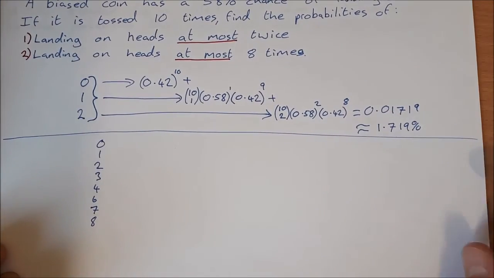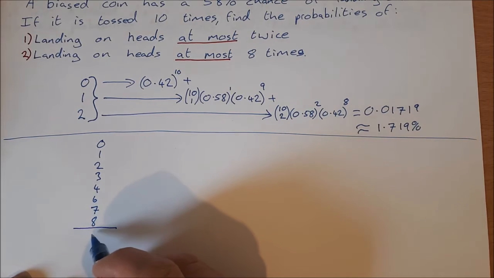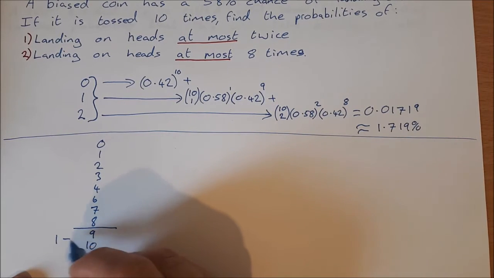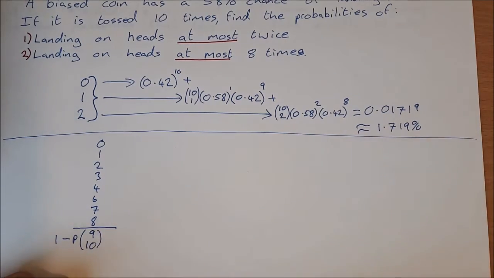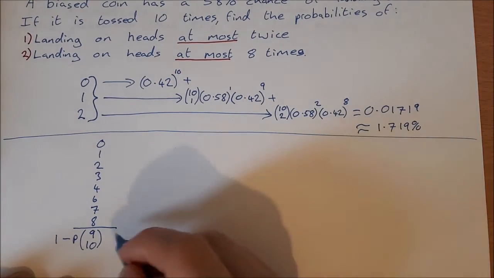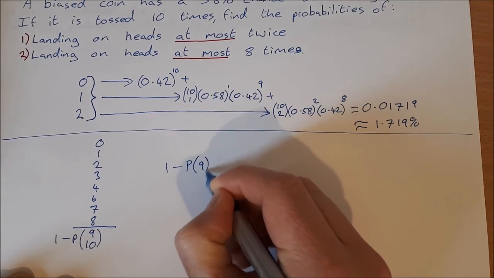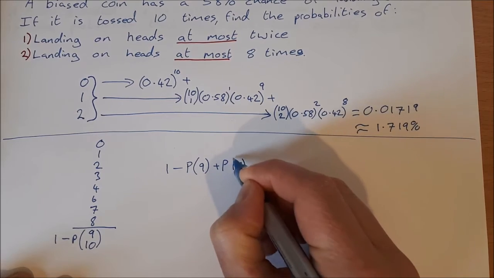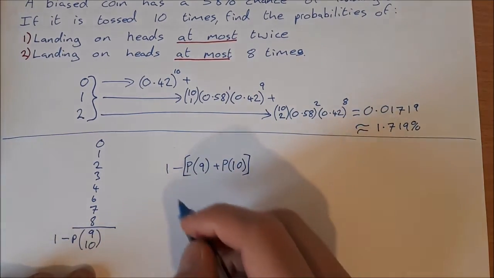Or I could do something similar to what I did in the last question. I could do the calculation for 9 times or 10 times, and I could do 1 minus the probability of this. So that's what I'm going to do. That'll save me time. So it's 1 minus the probability of 9 times and the probability of 10 times. And I'll put them in brackets there like that. So this is a much easier calculation.